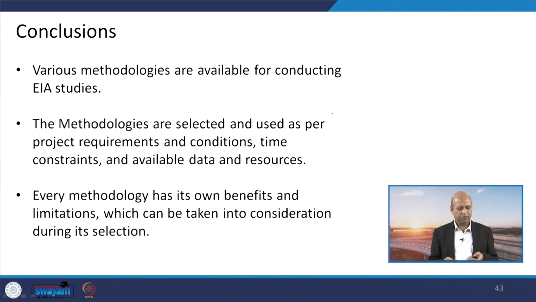But if, let us say, a power plant is there, then we have to use a Gaussian dispersion model to look into what will be the impact on air quality. So, we have to see what kind of activity is there and what kind of impact assessment we need to carry out. Depending upon that, methodologies are selected and used for carrying out the impact assessment.